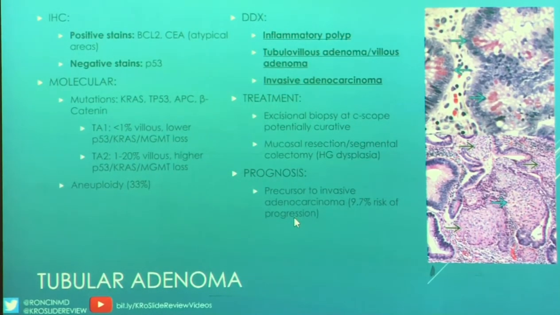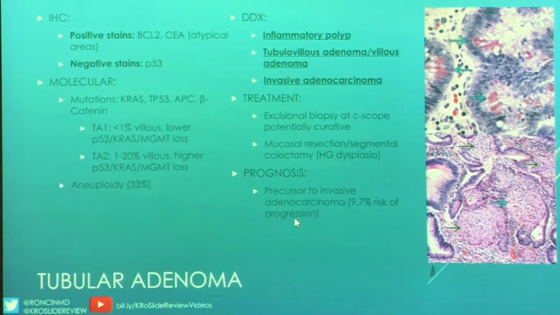Positive stains. So BCL2 is going to be diffuse in pretty much every tubular adenoma, and CEA will be positive only in your areas of dysplasia. P53 should be negative. Again, you don't usually have to do stains for these, and even though there's all this section on molecular findings, you also really don't have to do molecular. But if you did, KRAS mutations, TP53, APC, beta-catenin, and there's actually different types of mutations associated with tubular adenoma.